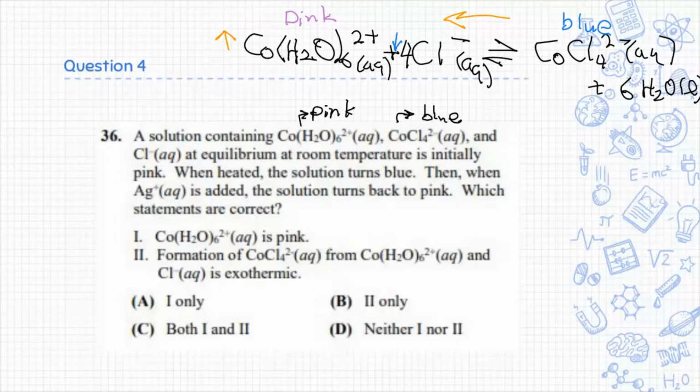That must mean that heat is a reactant, which means that the reaction is endothermic. So one is true because the water compound is in fact pink, as we talked about. Part two is not true because, as we just showed, formation of the chloride compound is actually endothermic. So A has to be the answer.